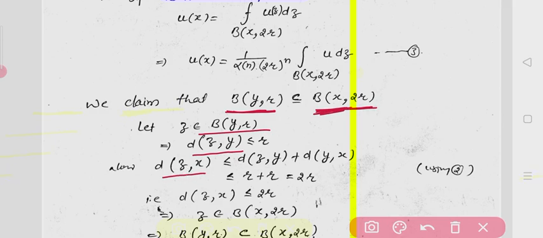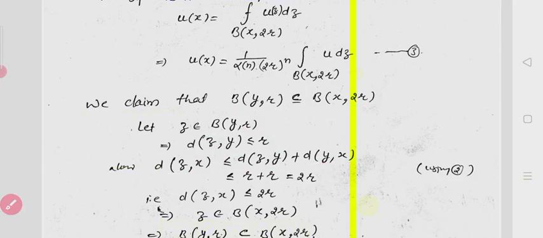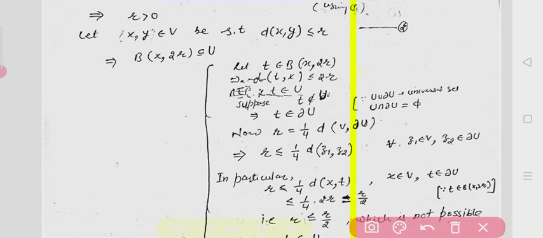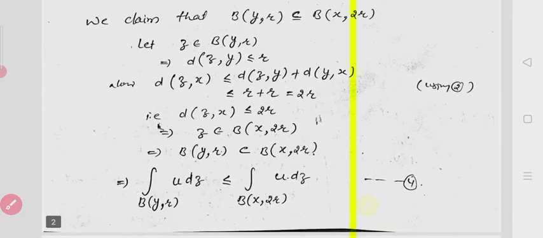So we take the distance between z and x. By the triangle inequality, the distance between z and x is less than or equal to the distance between z and y plus the distance between y and x. So this distance between z and y is already less than or equal to r, right? And the distance between y and x, we have already assumed over here that the distance between y and x is less than or equal to r. We supposed that we are taking two arbitrary points from v such that the distance between them is less than or equal to r. So we are using this one over there, right?